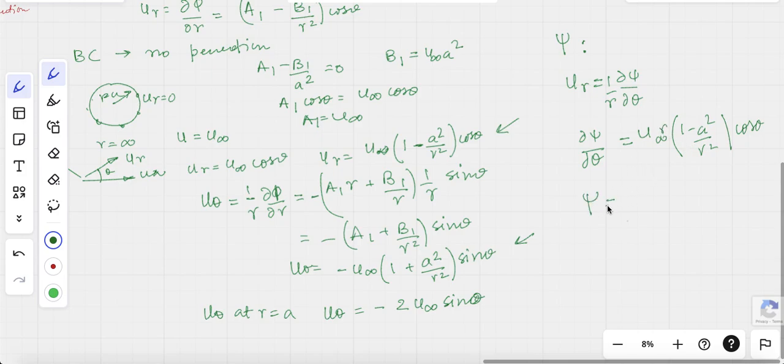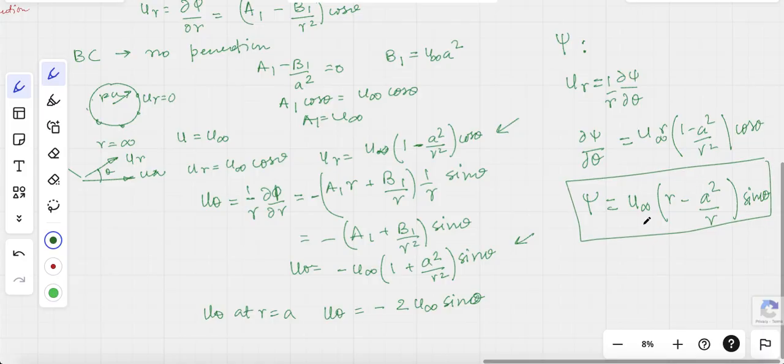Psi is equal to minus u infinity r minus a square by r times sin theta. This is the stream function.